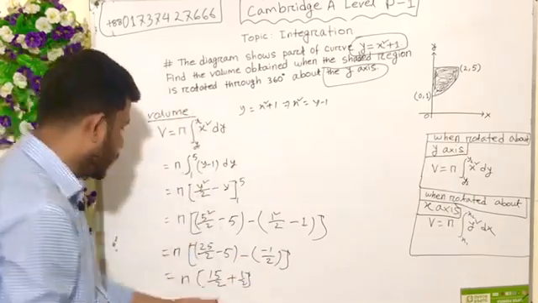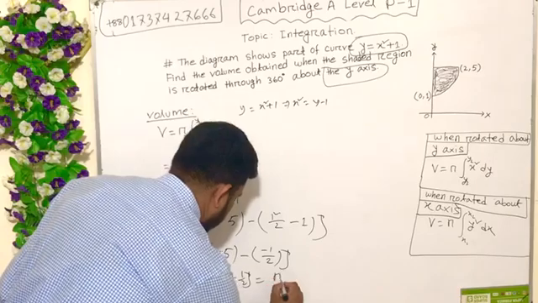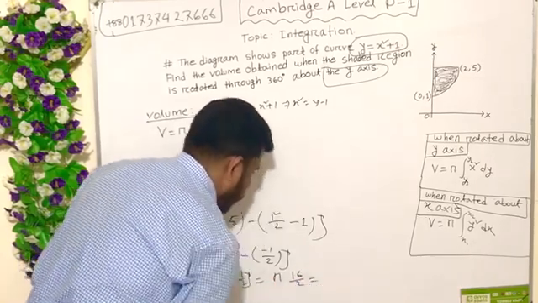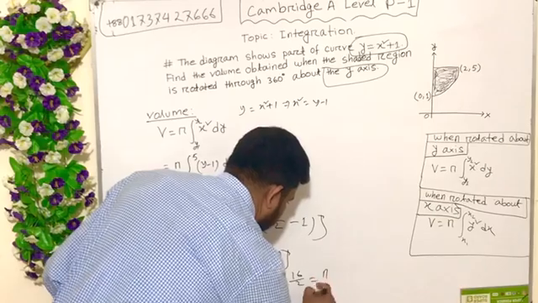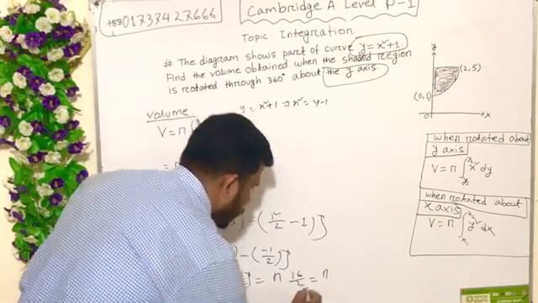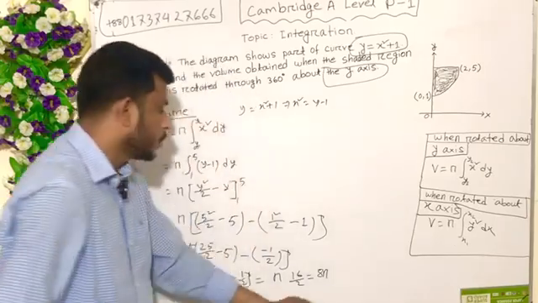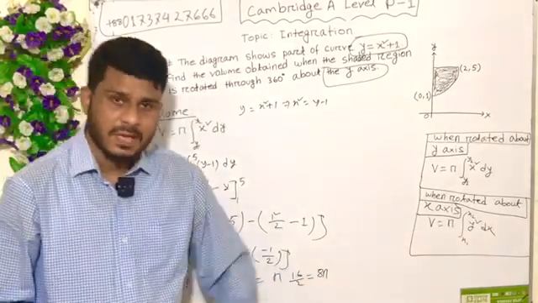If I simplify everything, it will be pi times 16/2, which is 8 pi, since 16 divided by 2 is 8. So the total result we got is 8 pi. Thank you very much.